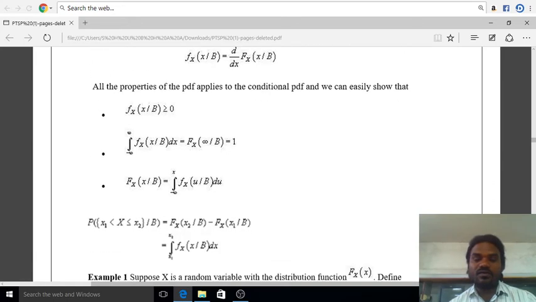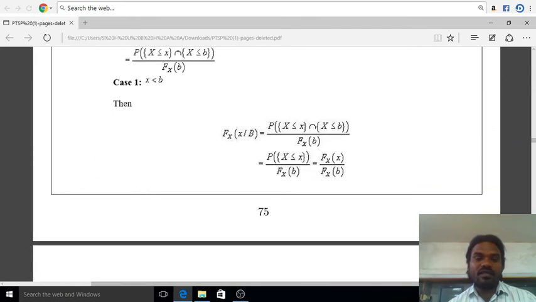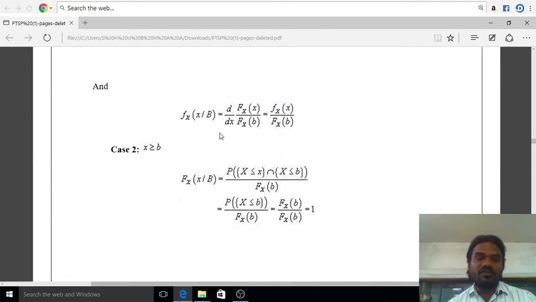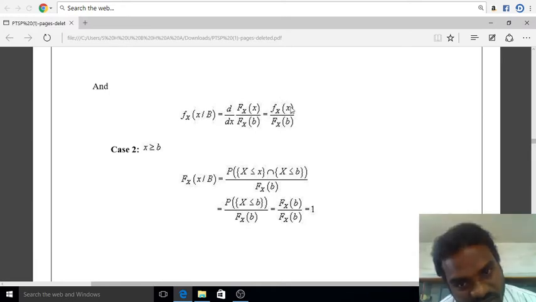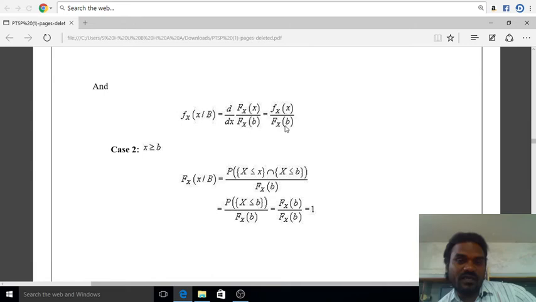By making use of that standard formula, I can apply the differentiation on both sides. f_X of x by b, which is the density function, is equal to d by dx of F_X of x by F_X of b, and if you differentiate the distribution function, the resultant will be the density function. So it will be f_X of x by F_X of b, which is a distribution function. So the first case is completed.